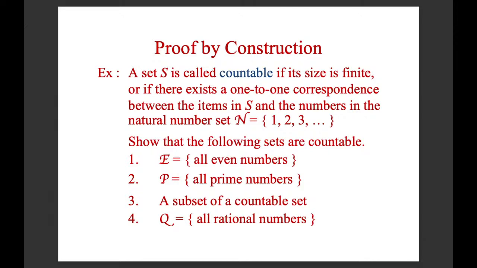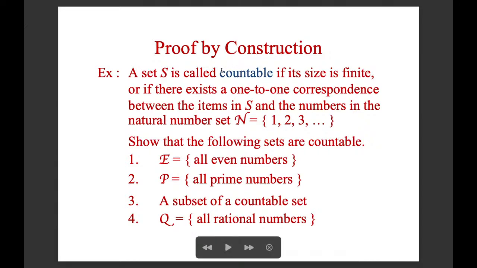One is the size of the set is finite. And the other case is the items in the set can form a one-to-one correspondence with the integer set 1, 2, 3, 4, 5, and so on. What does that mean?